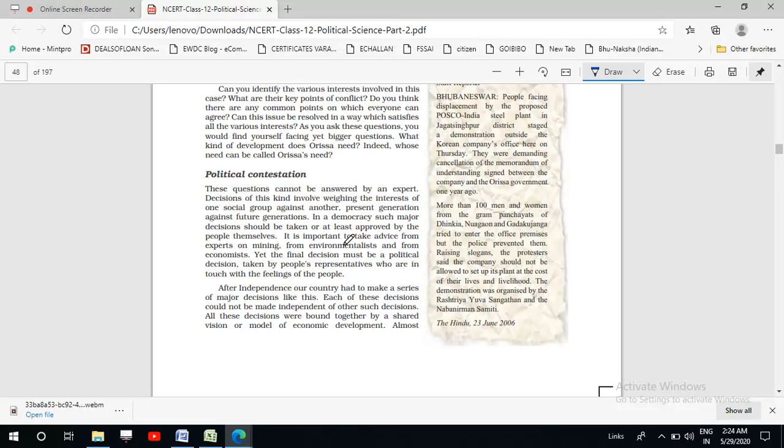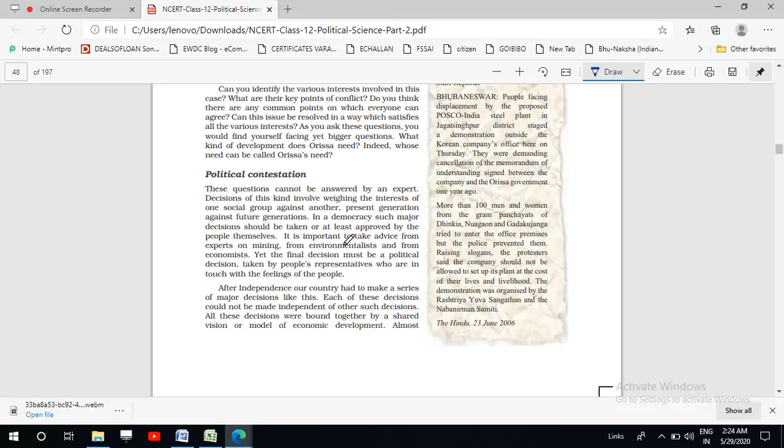If the government takes a particular decision, how will it be harmful for a particular group and how will it be beneficial for a particular group? So this weighing of the interest of one social group against another must be done.